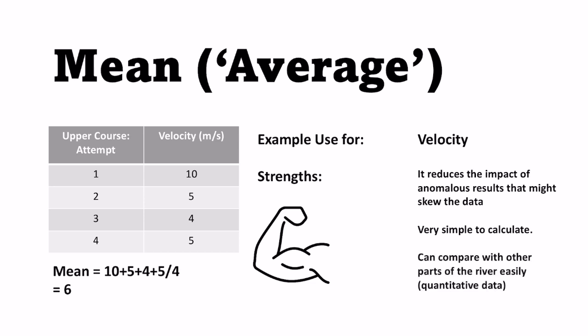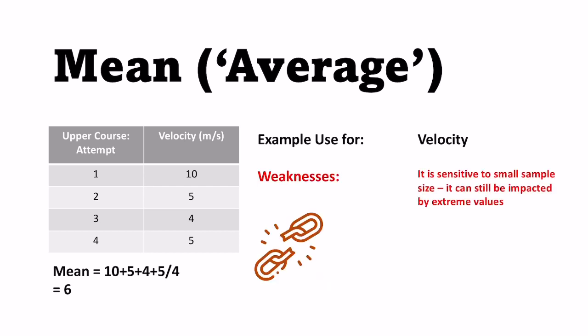The most important thing is that you can compare it with other parts of the river quite easily, because you get a figure, or quantitative data. So I've got a score here of 6. I could take 4 readings in the middle course and take an average, and then take 4 in the lower course, and I could compare how the velocity changed from the upper course to the middle course to the lower course.